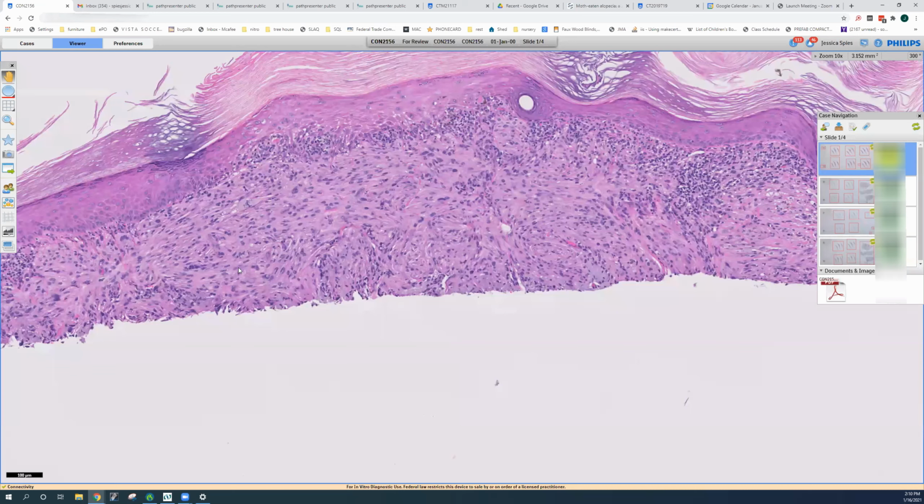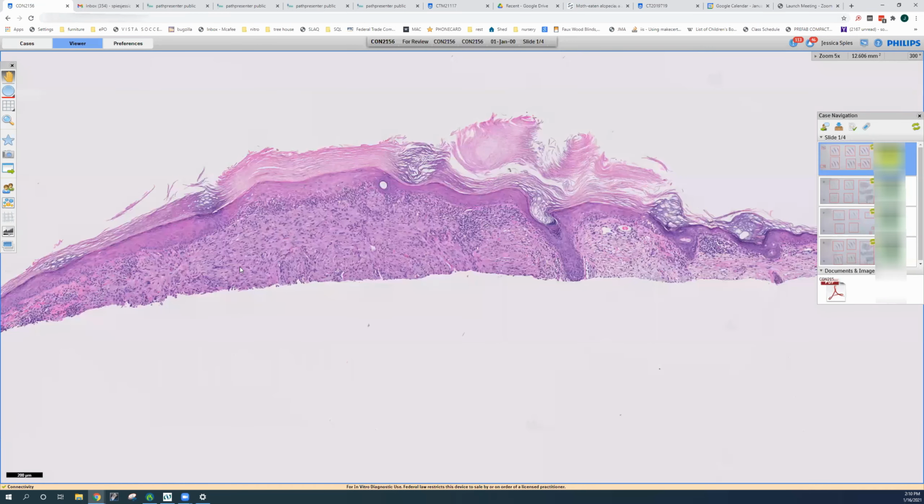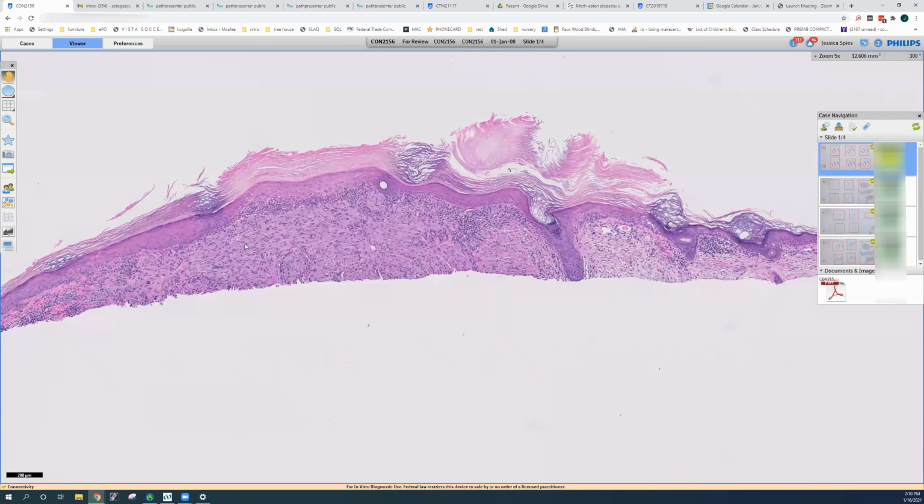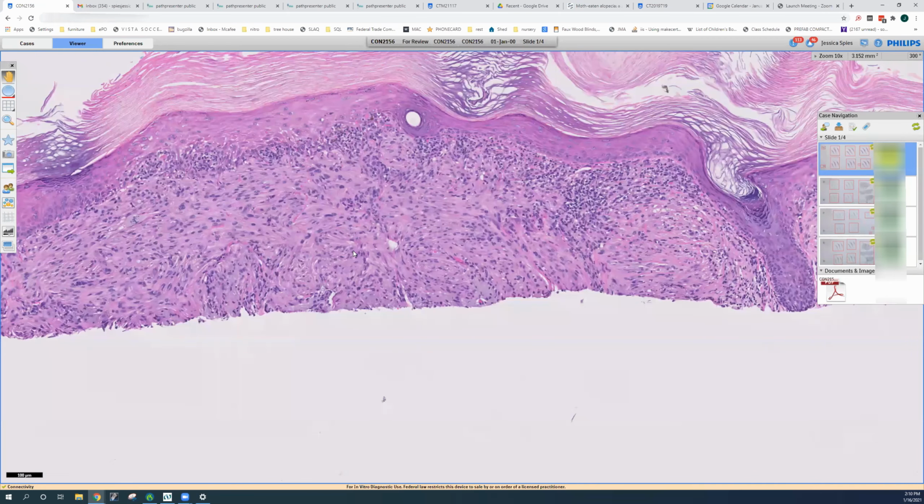So the differential diagnosis is atypical fibroxanthoma, or AFX. You can see actinic keratosis over AFX.